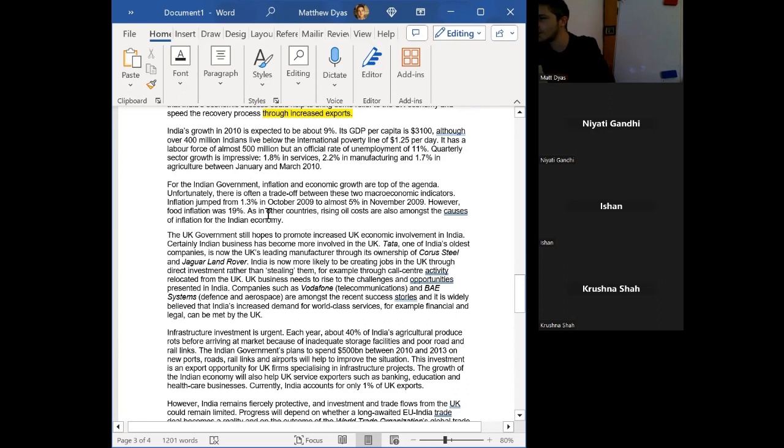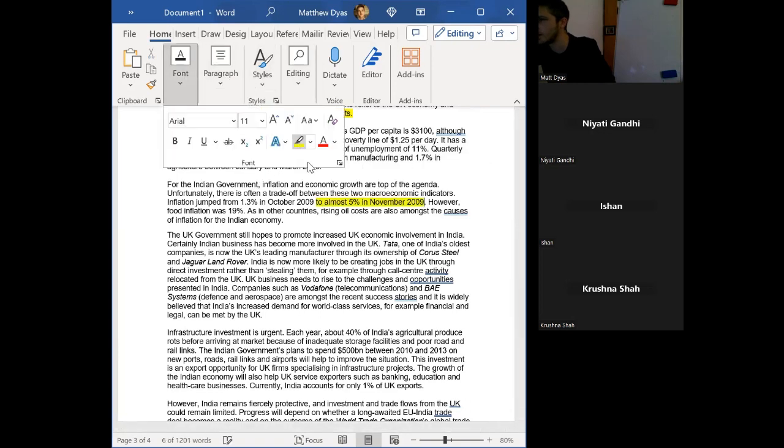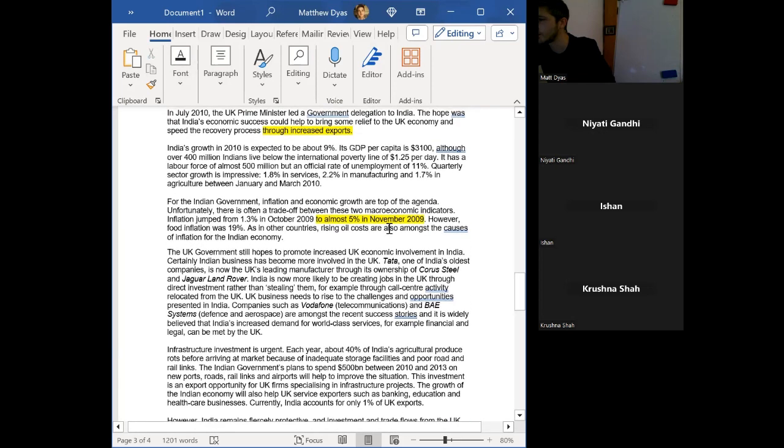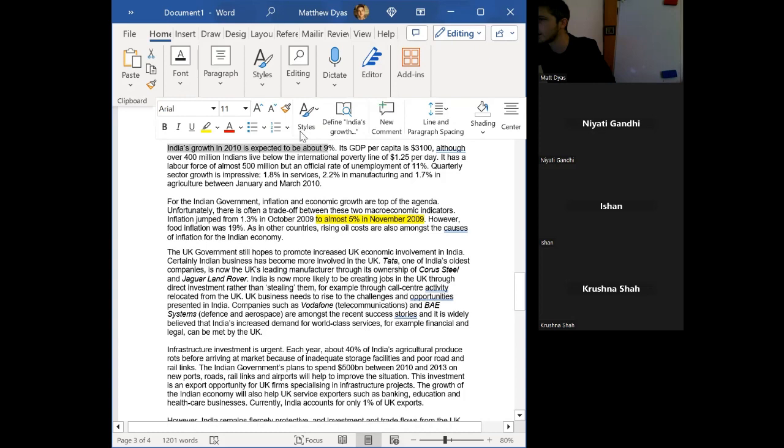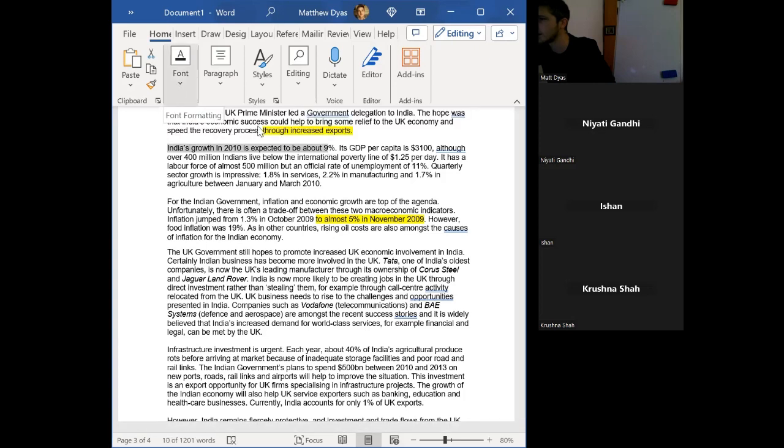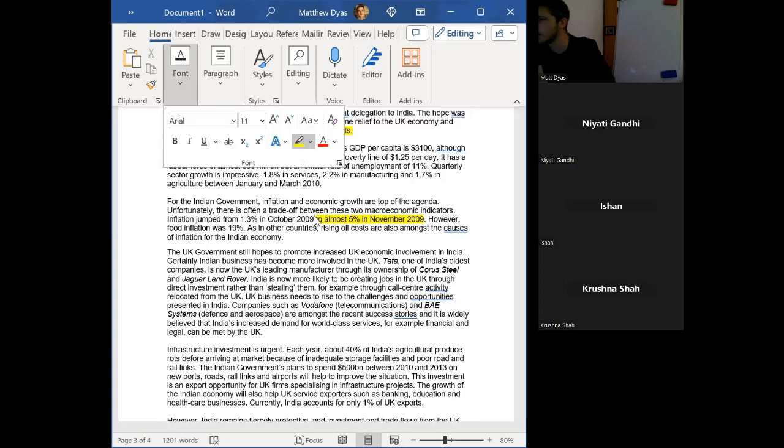Now, this is a bit more involved, what I'm going to do, but inflation in November 2009, let's highlight that, is 5%. Growth in 2010 is expected to be 9%. So I remembered that from earlier.